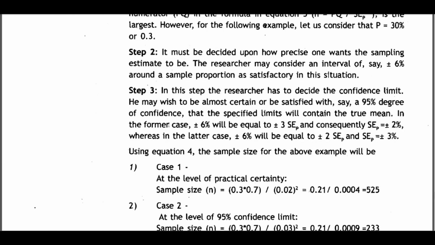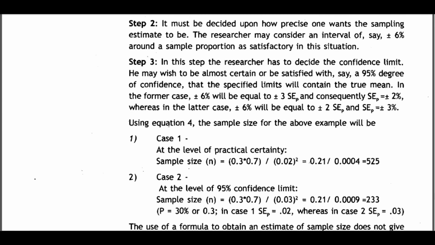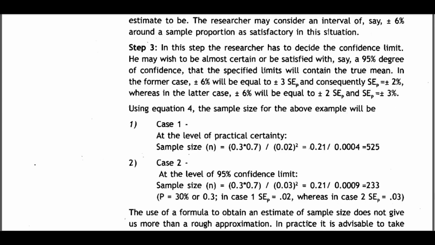Step 2. It must be decided how precise one wants the sampling estimate to be. The researcher may consider an interval of, say, plus or minus 6% around the sample proportion as satisfactory in this situation. In this step, the researcher also has to decide the confidence limit. He may wish to be almost certain, or to be satisfied with, say, 95% confidence that the specified limit will contain the true mean.